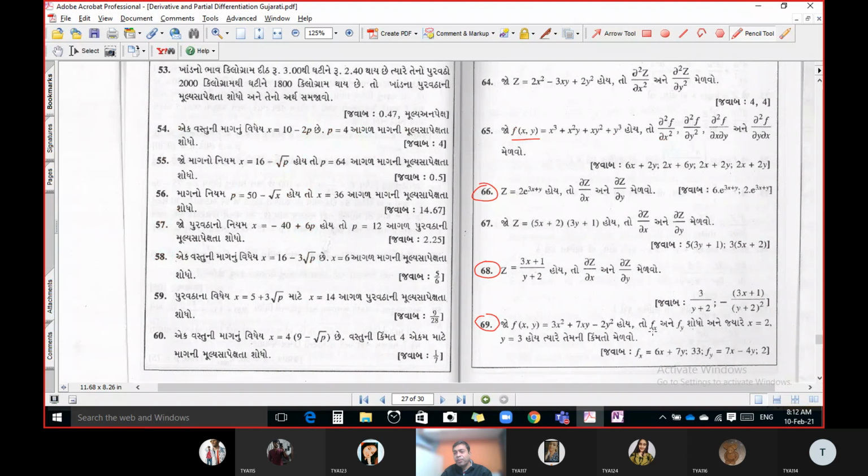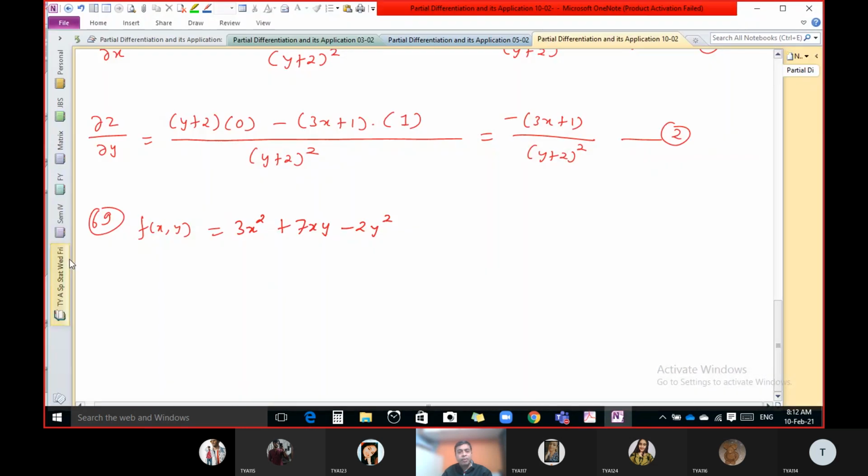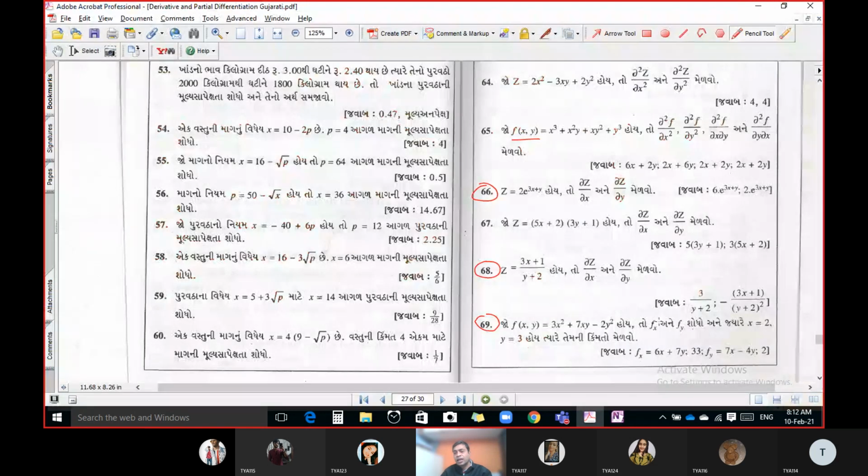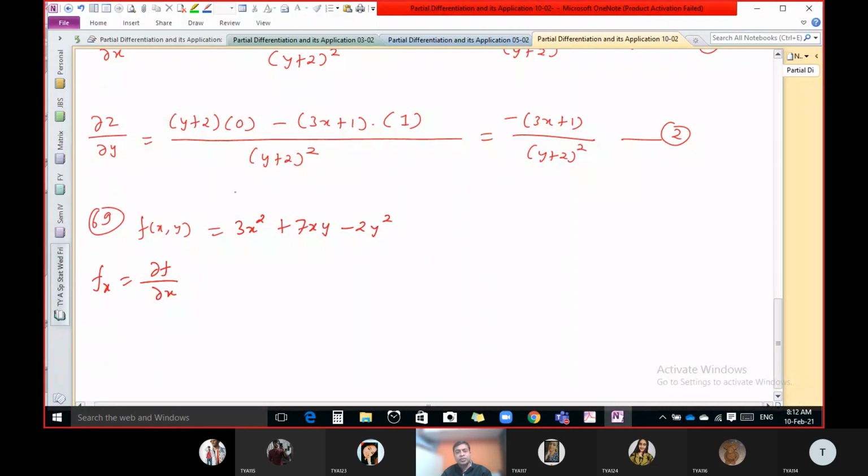So we have to find fx, meaning the derivative. Fx is nothing but the derivative of the function with respect to x, and fy is the same thing. And it is given that when x is 2 and y is 3, find its value.